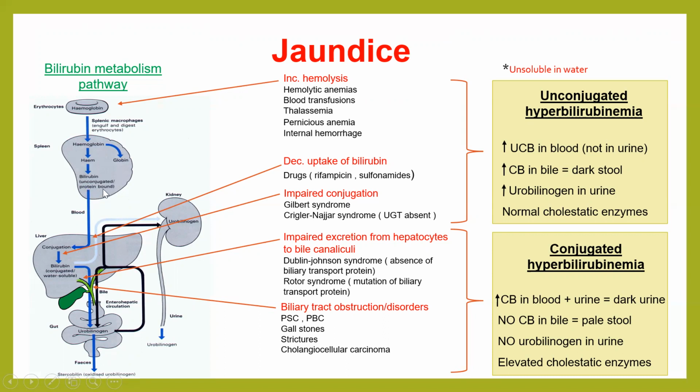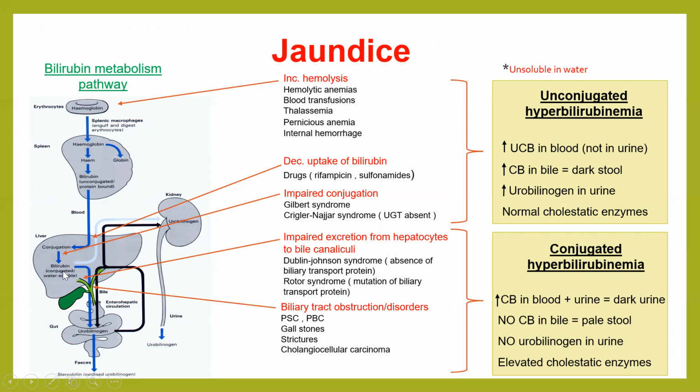And that protein is albumin. So we have a complex of bilirubin and albumin, which is released into the blood, which enters the liver and is conjugated. The aim of the process of conjugation is to make it water soluble so it can be excreted.